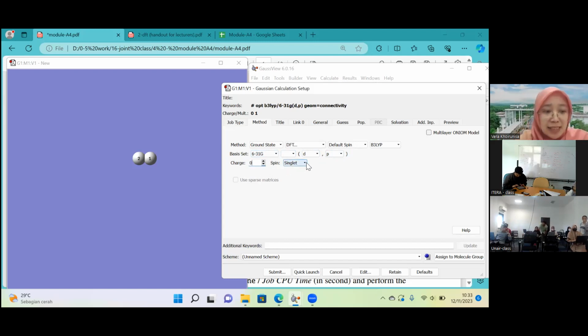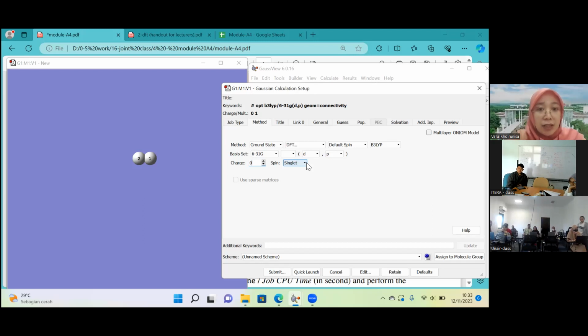And then the spin singlet from module 1, module 2, and module 3, you already know that we need to consider the spin multiplicity for the calculation. So for me, I already checked that the spin multiplicity of the hydrogen molecule, H2, is singlet.